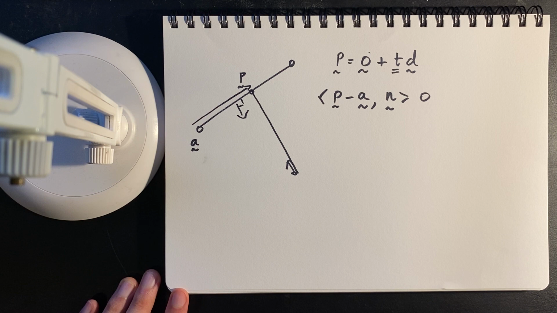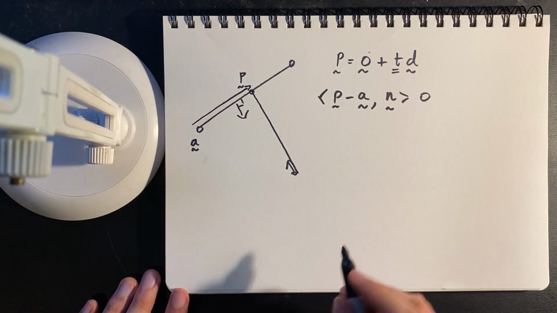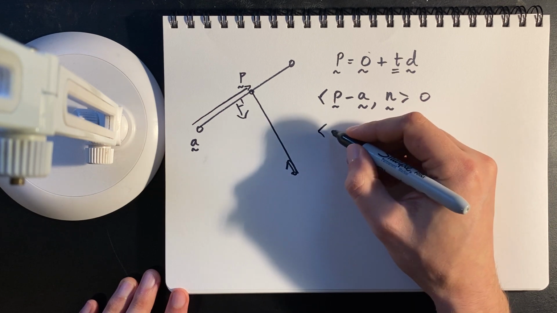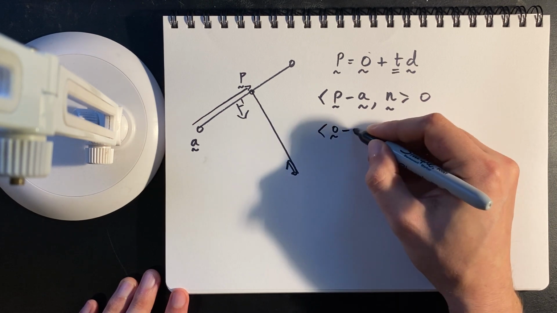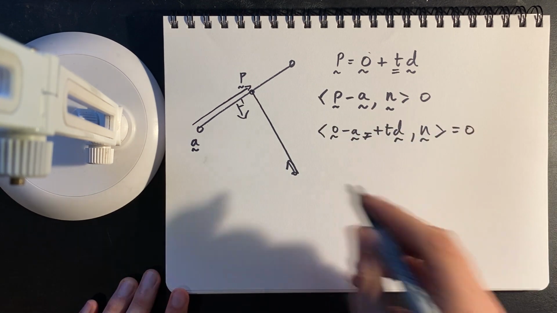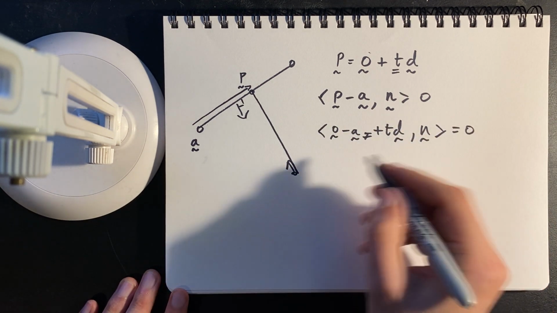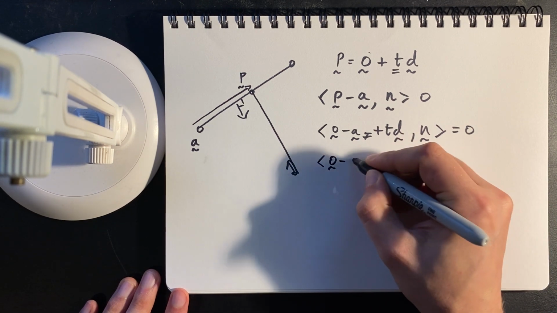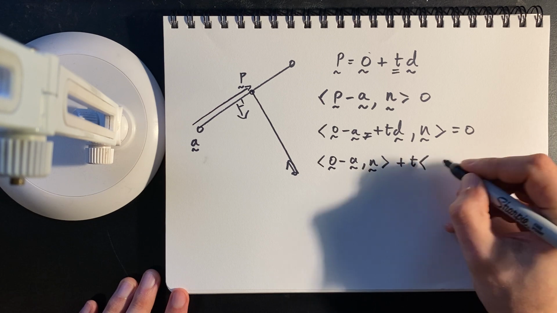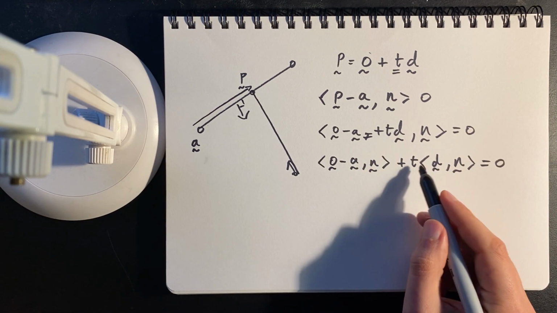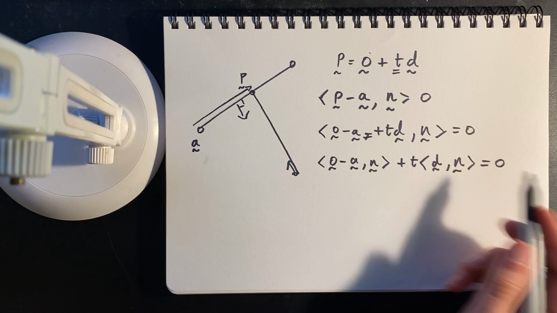So we can just play around with this, substitute in the expression for the ray, and then we have origin minus A, and then the dot product is a linear operator, so we can split components out. And the parameter t is a scalar, so we can factor it out.